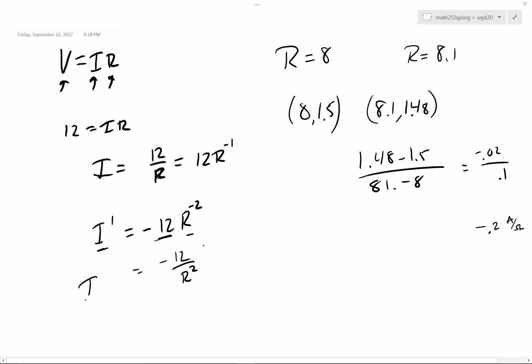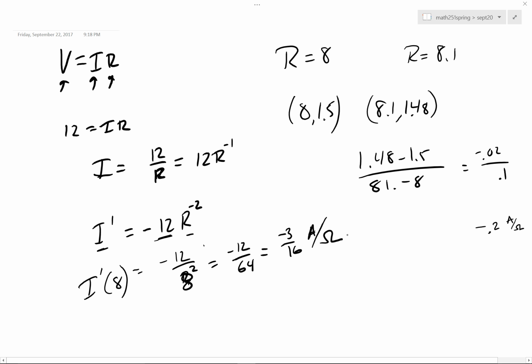I'm interested in the rate of change when R is 8, so I put 8 in here. It's negative 12 over 64, which is negative 3/16. That's again amps per ohm.